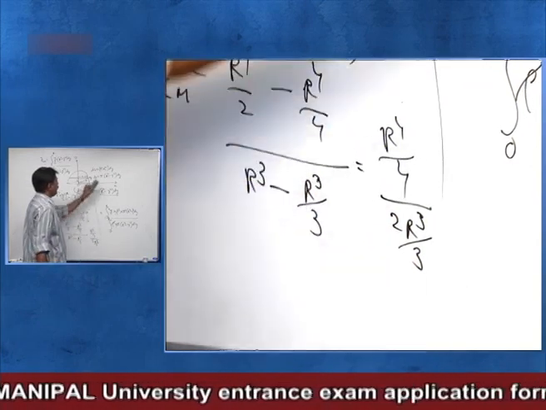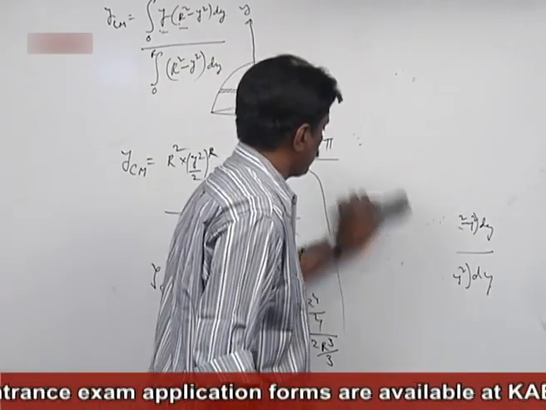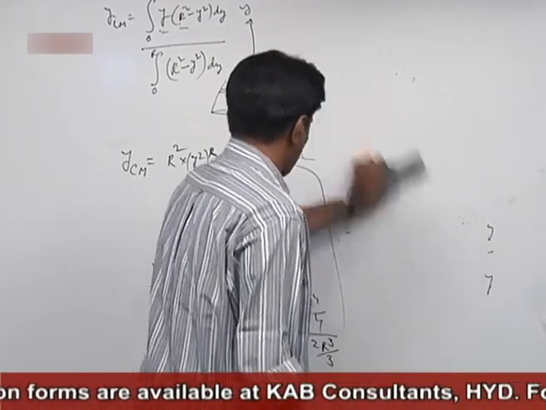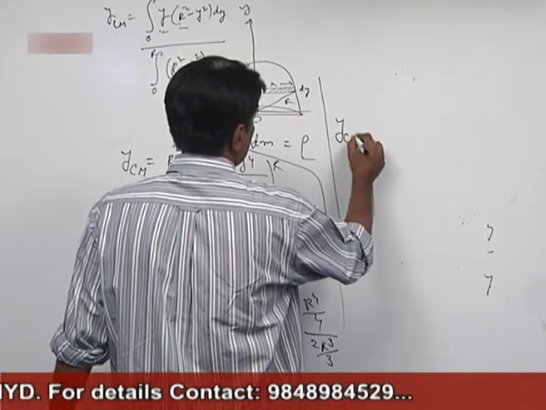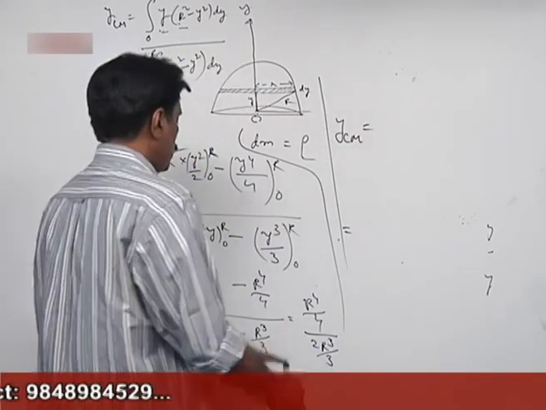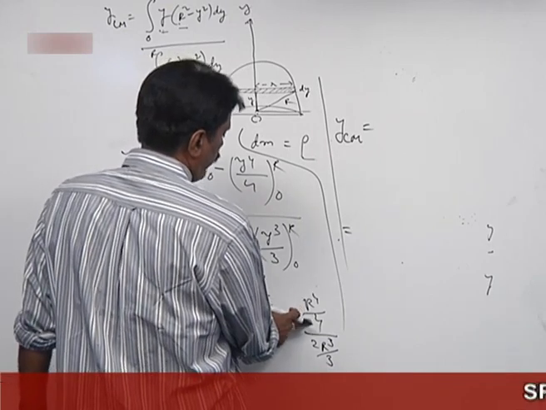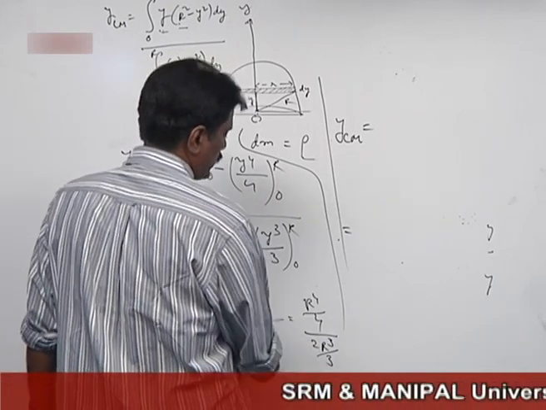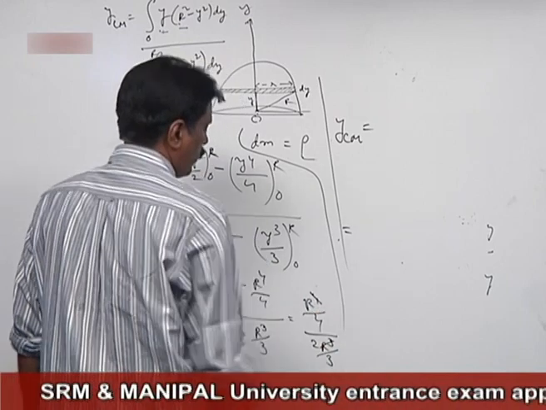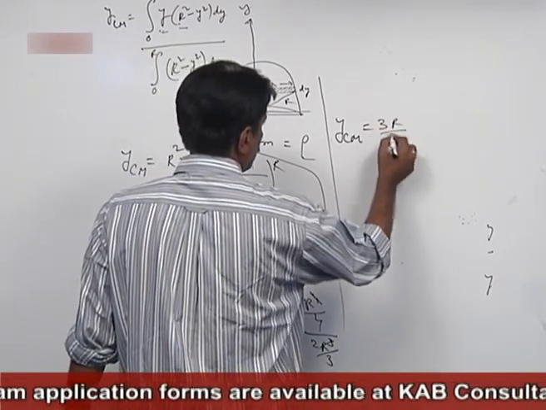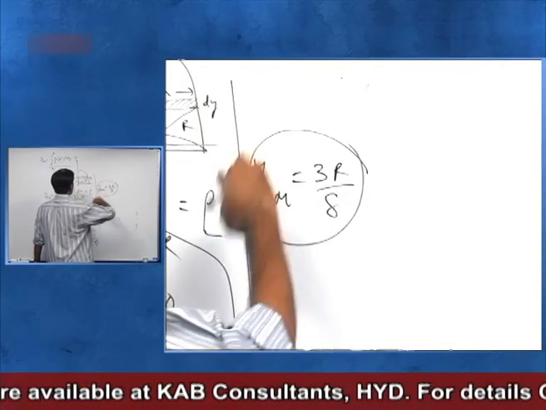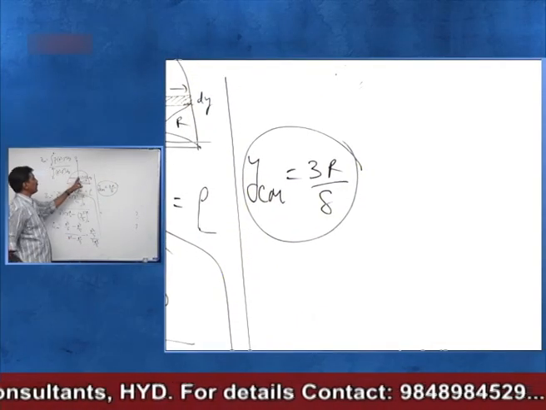Finally, y center of mass is r power 4 by 4 divided by 2r cube by 3, and r cube and the power 4 cancel, giving 3r by 8. So this is the y coordinate of the center of mass for the hemisphere.